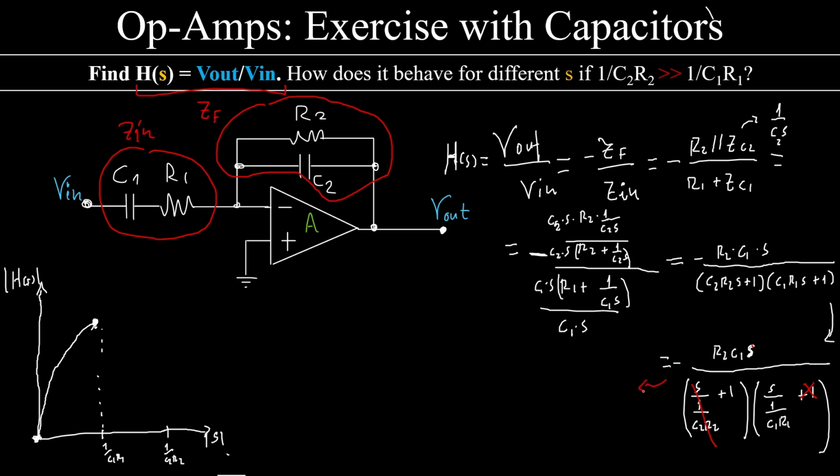Let me write this again so you can see it more clearly. It will be reduced to something like this. This frequency gets simplified with this frequency, and this whole thing gives us A. And if we do the math here, it will be R2 times R1 times C1 squared, with a minus in front, but we are working here with absolute values, so we don't really care about it.